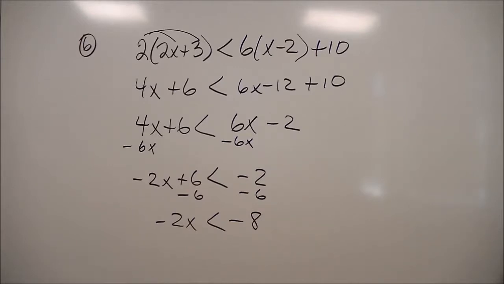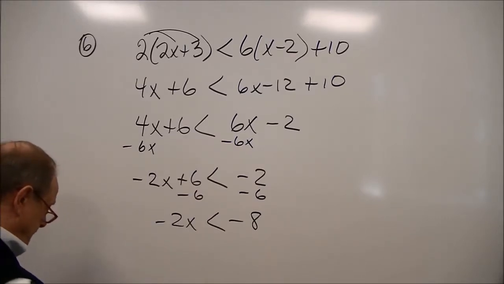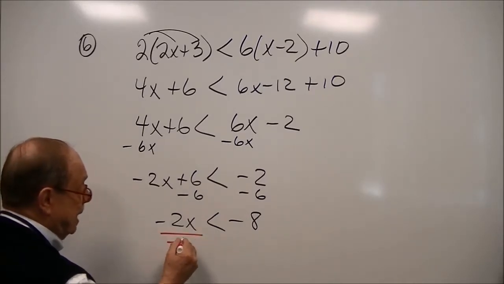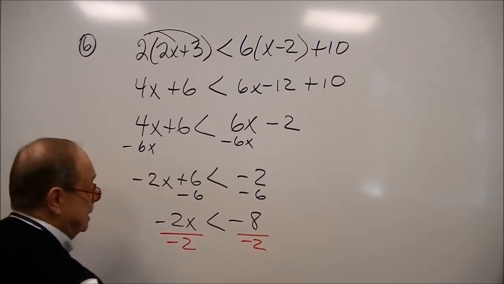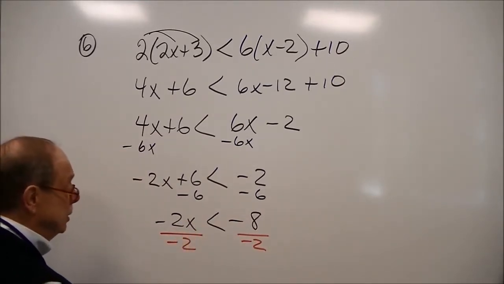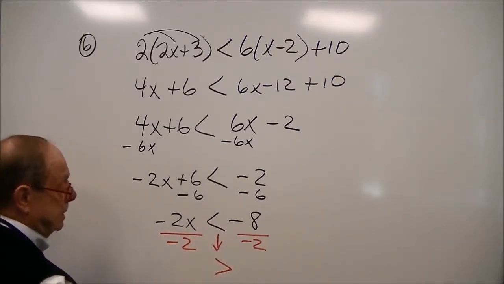Now, I said at the beginning of this example that when we solve inequalities, everything is pretty much the same as equations, except this one thing, and that is if you ever have to divide by a negative, in order to keep an inequality true, you must reverse the direction of the inequality sign.